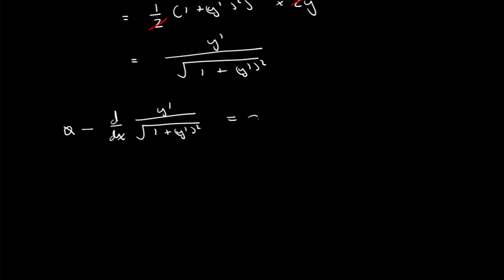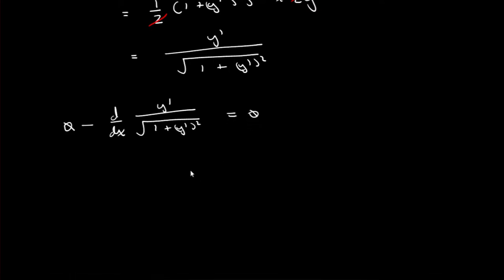All that's got to be equal to 0. And of course, you can probably see this is just the same as the statement that the derivative with respect to x of y prime over root 1 plus y prime squared has just got to be equal to 0.